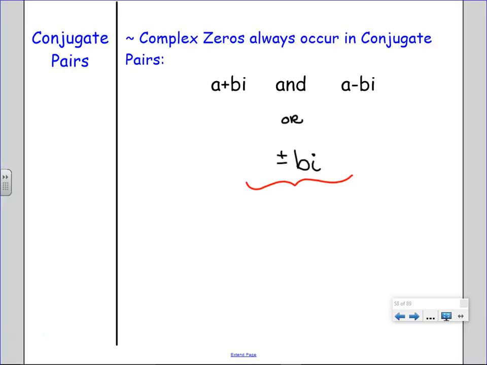With conjugates, there are always 2 terms and the middle sign switches. What's his first term? 0. From imaginary numbers, we talked about how if there's just an imaginary piece, it's like a 0 for the real piece, right? So 0 plus bi, 0 minus bi. Oh, it's a conjugate. So if you have one complex zero, you have 2.